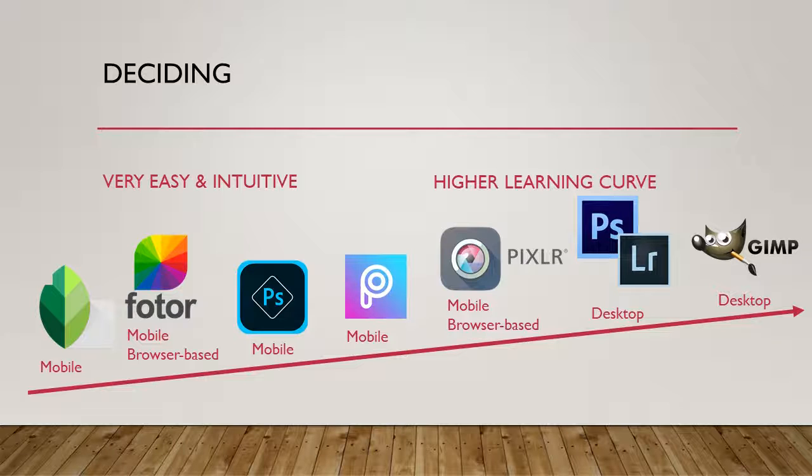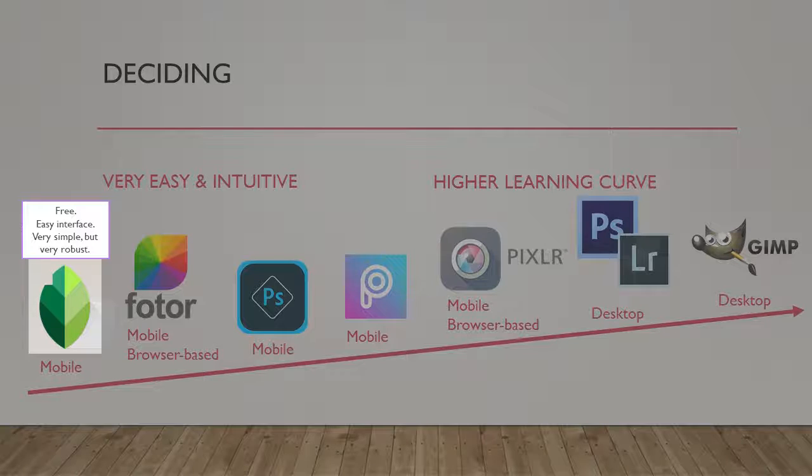So I've got this set up from sort of a very low learning curve, very easy, very intuitive to use, to the higher end, the higher learning curve, the little bit higher entry point for use. So again, you can think about that in terms of your needs and where you're at. If you need something that's more on the very easy and intuitive side rather than the higher learning curve, then think about that when you're choosing.